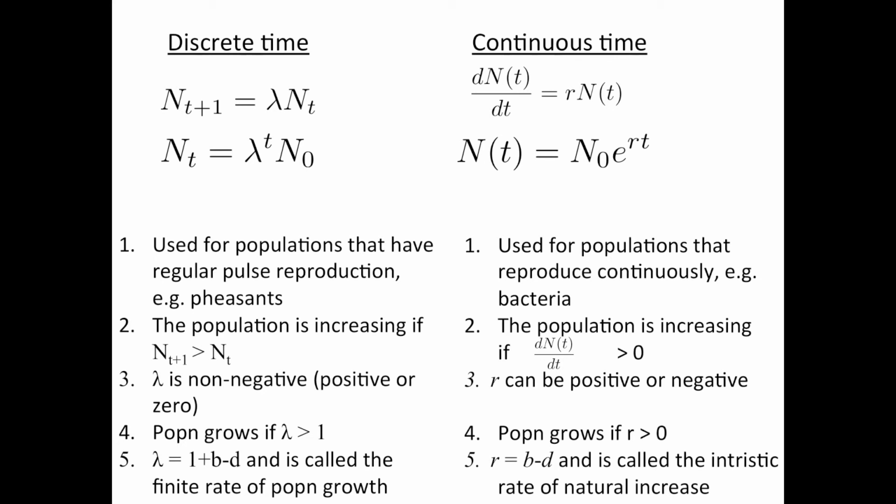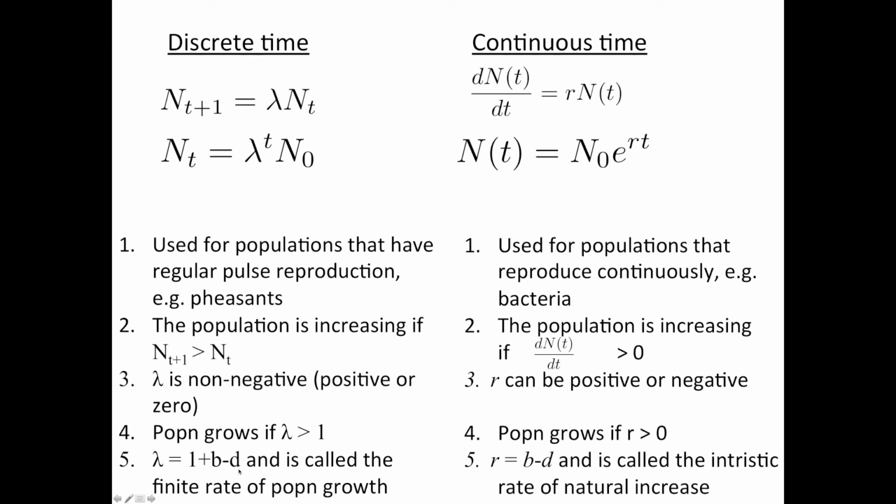For discrete time, the population size is increasing if the population size next year is bigger than the population size this year. For continuous time, the derivative of the population size with respect to time needs to be positive. For discrete time, lambda is always non-negative, because it's 1 plus b minus d, where d is the fraction of the population that die in each time step.